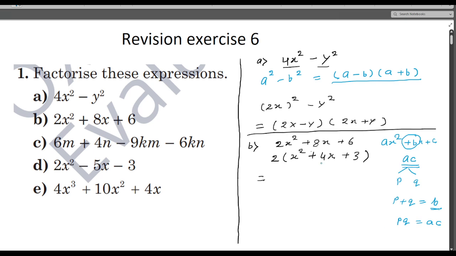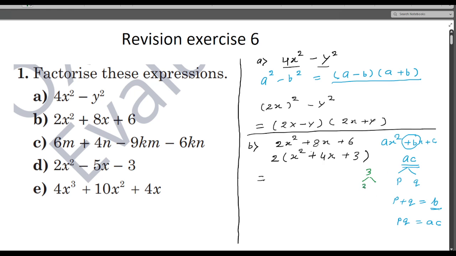Now in this expression, your A is 1 and your C is 3, so 1 times 3 is 3. I have to figure out two factors of 3 whose addition will give me 4 and whose product gives me 3.